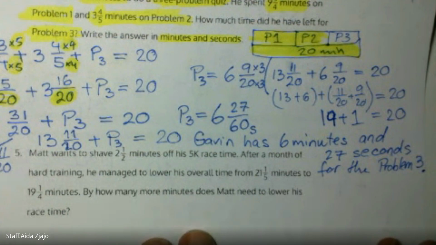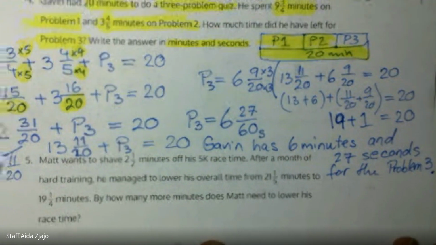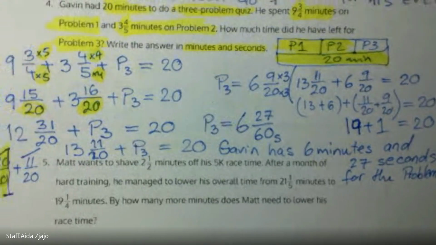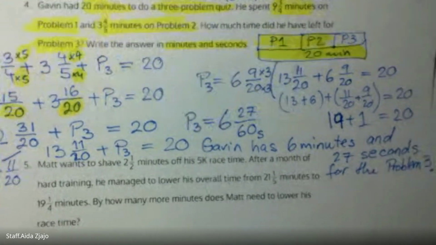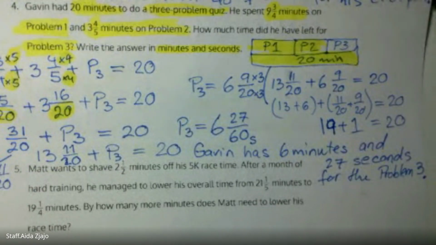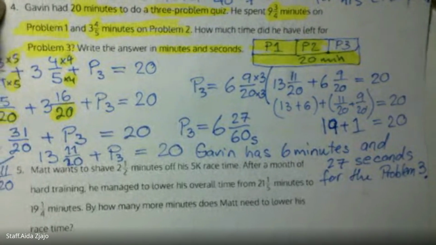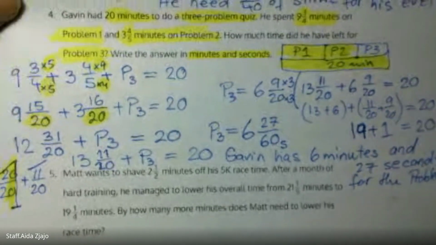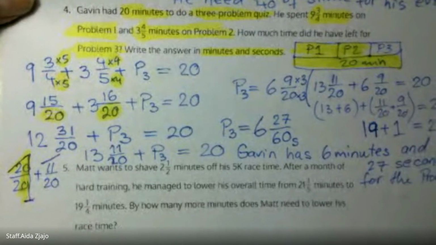And this would be our final answer for that unknown problem for set number 4. This is problem number 4. Okay, let's go like this.